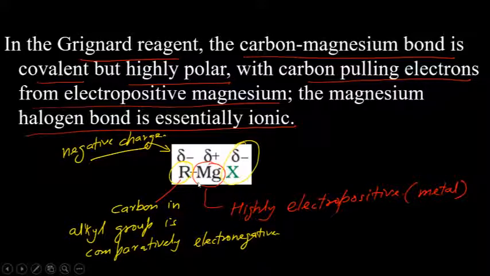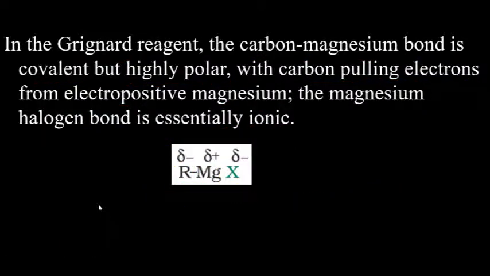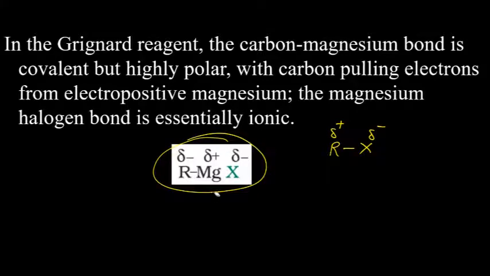Yes, Shika. What I am saying is that normally carbon is electropositive as compared to halogen. So if I am talking about RX, here it will be partial positive charge and partial negative charge. But in case of Grignard reagent, magnesium plays a crucial role. This is highly electropositive. And as compared to magnesium, both alkyl group and halogen are electronegative.